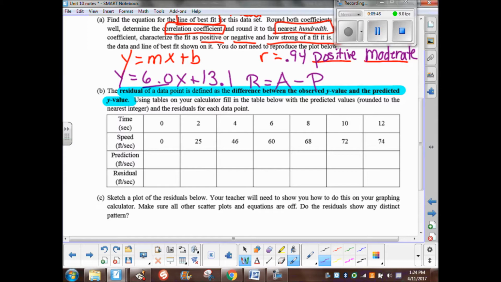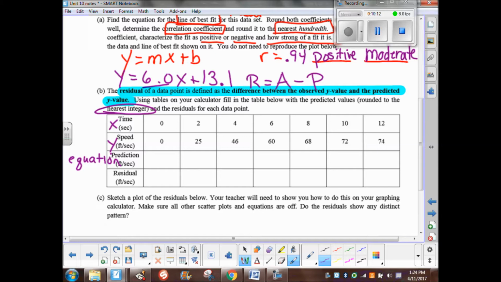It says, using the table below, round to the nearest integer, the residuals for each. They reproduced the table that we have at the top of the page. Now we've got to come up with the predicted y value. The predicted comes from the equation.